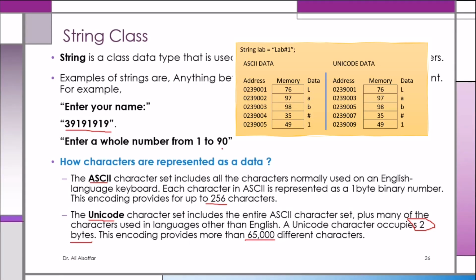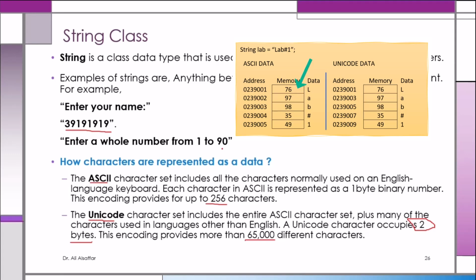To show you how strings are saved in the memory if the characters are represented by ASCII code or Unicode, consider the following example. We have a string called lab, and the data inside is lab hash number 1. If the characters inside the string are represented by ASCII code, then each character will take 1 byte.